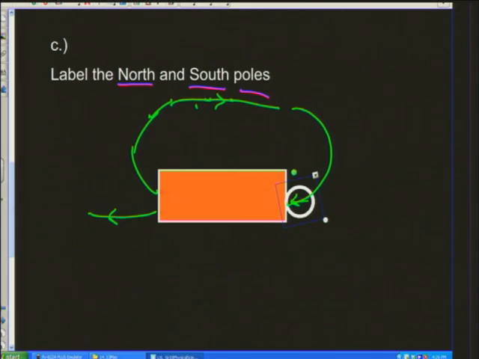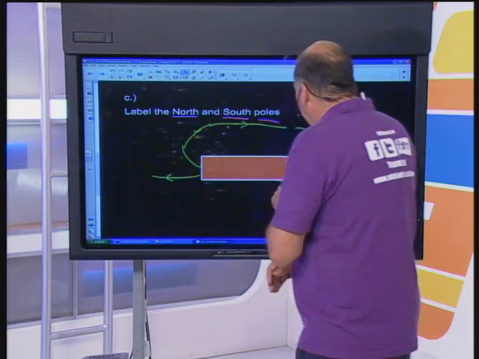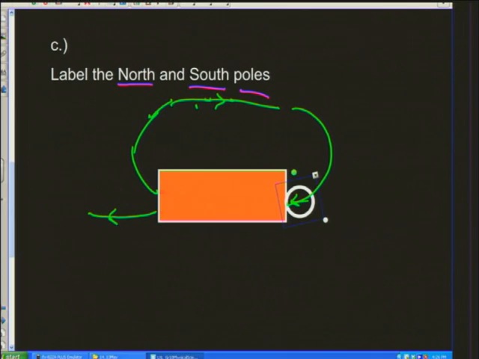So with that in mind, what you've got to recognize is the compass needle always points to north. So that means the arrow end of the little compass is itself a little north pole. It's pointing to north. So if this is a north pole, then the compass needle is repelled from that side, and it's being attracted to the south end.